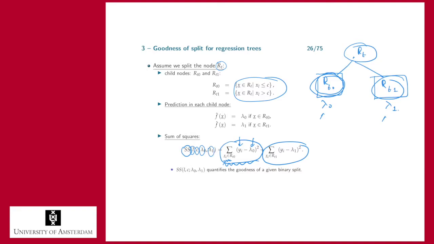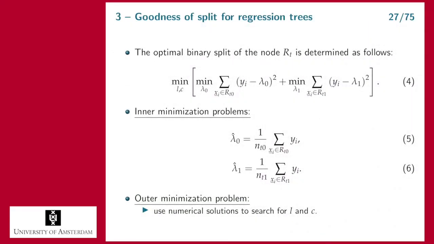So we need to minimize that sum of squares by searching for the best L, the best c, the best lambda 0 and lambda 1. The best way to split the node Rt is by solving this minimization problem, where I first take a minimization over L and c. L is the feature variable that is used to make the split, and c is the number that determines the splitting rule.